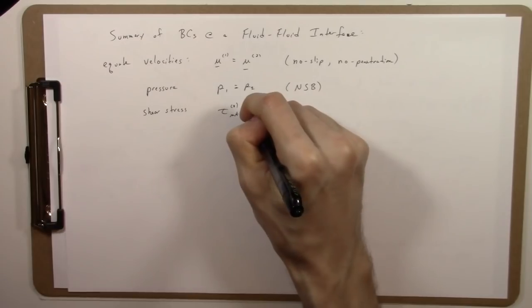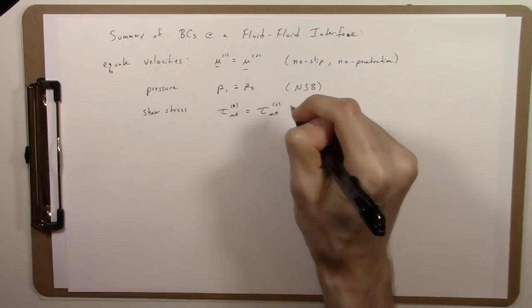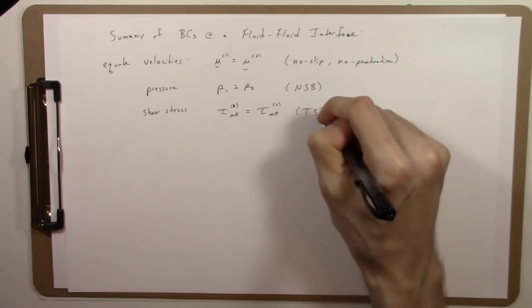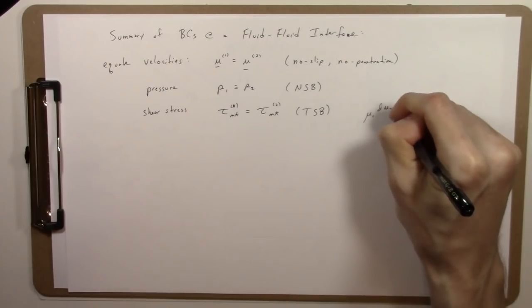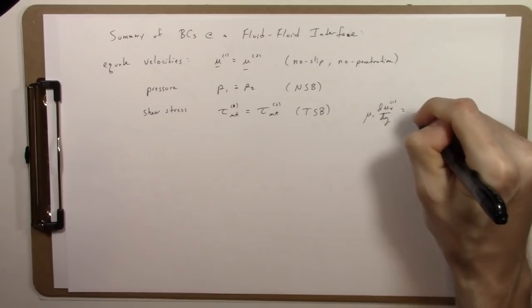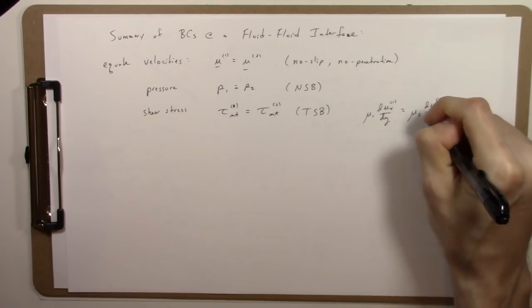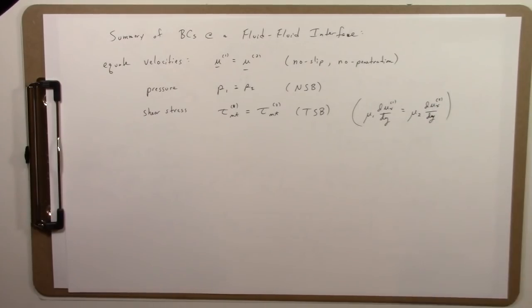So the shear stress in 1 is equal to the shear stress in 2, and that's the result of the tangential stress balance. In other words, mu1 dux dy in phase 1 is equal to mu2 dux dy in phase 2.